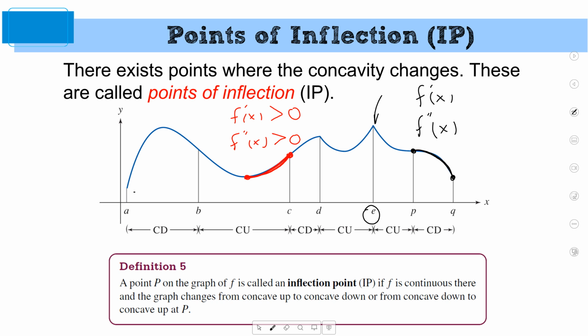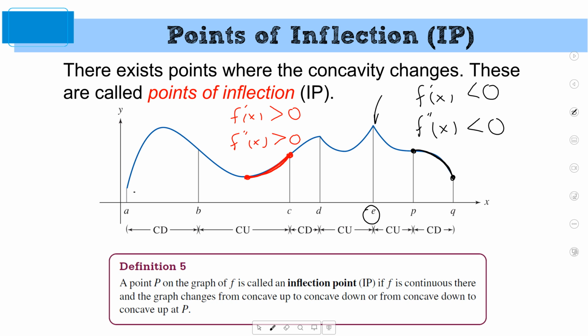Negative. Because? Excellent. And what do you know about the second derivative? Concave down, which would make it positive or negative? Negative. Good.